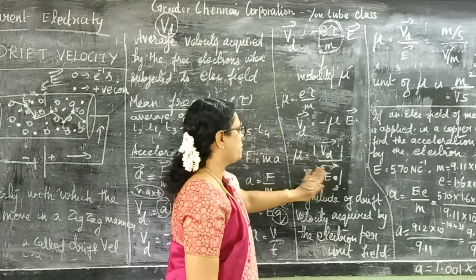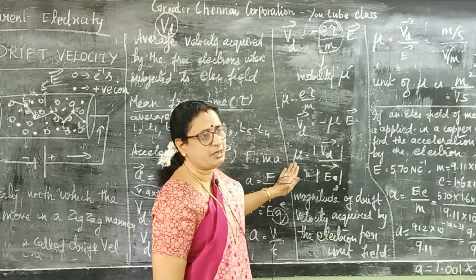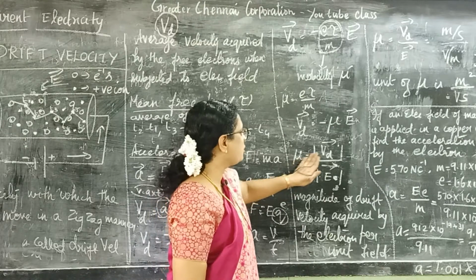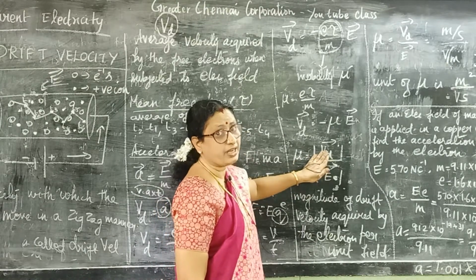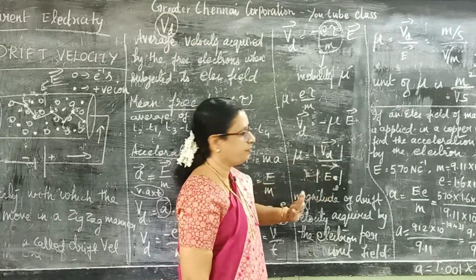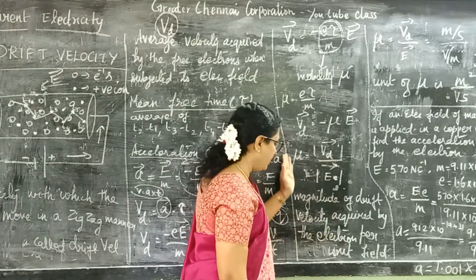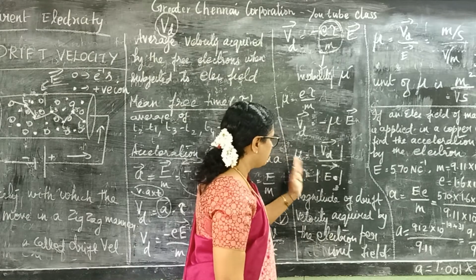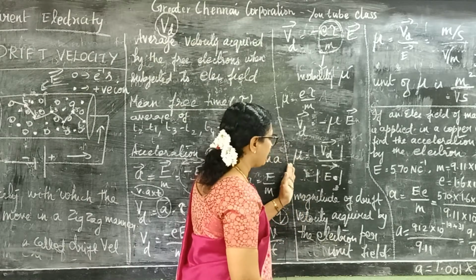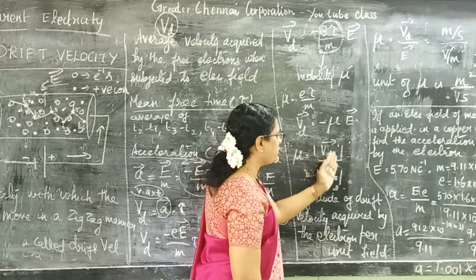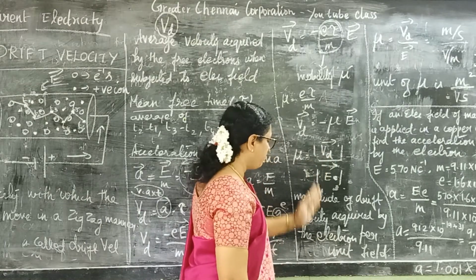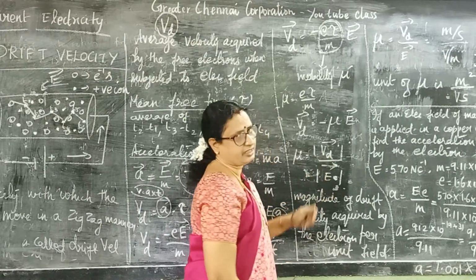So from this expression you can very well define the mobility. Mobility is equal to the drift velocity when the electric field is unity. So mobility is nothing but the magnitude of the drift velocity of the electron per unit electric field.